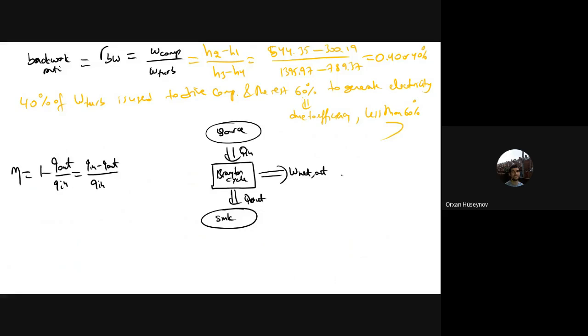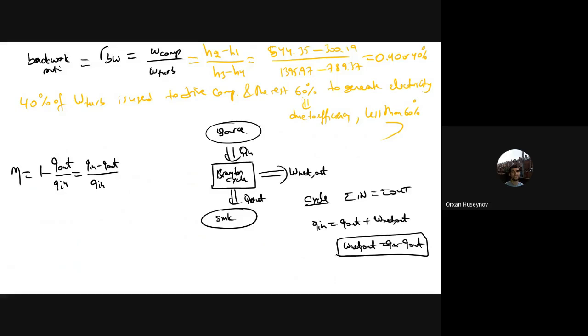If you do the cycle analysis here, the first law says that in is equal to out. Therefore Q in should be equal to Q out plus work net out. Therefore work net out is equal to Q in minus Q out. So I can replace this with work net out divided by Q in.